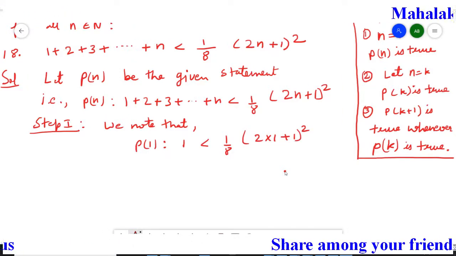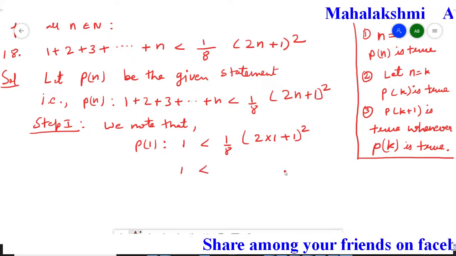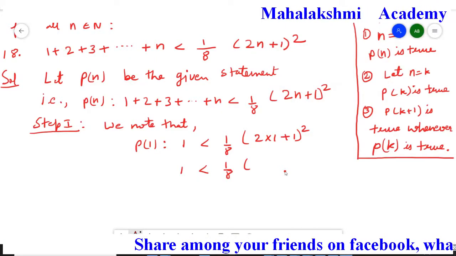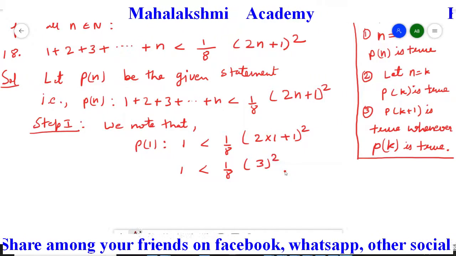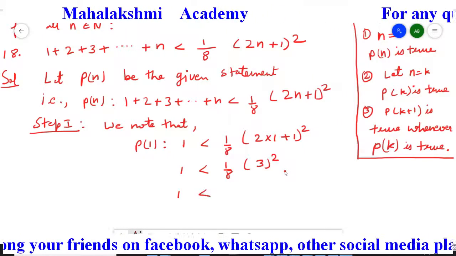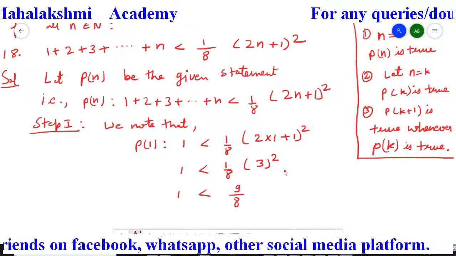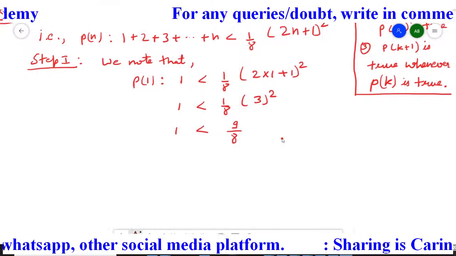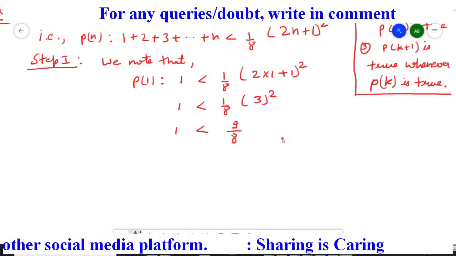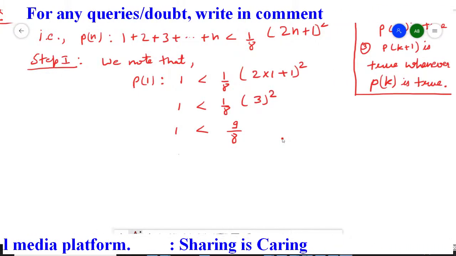Now we have to solve it. We get 1 less than 1 upon 8, 2 ones are 2, plus 1 is 3, square, so we will get 9 upon 8. Now we will convert it into decimal to check whether 1 is really less than 9 upon 8 or not.